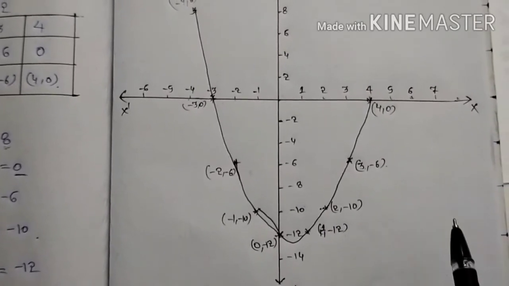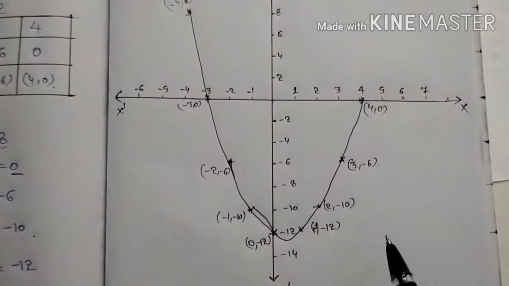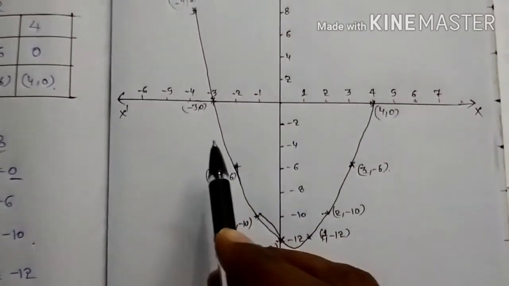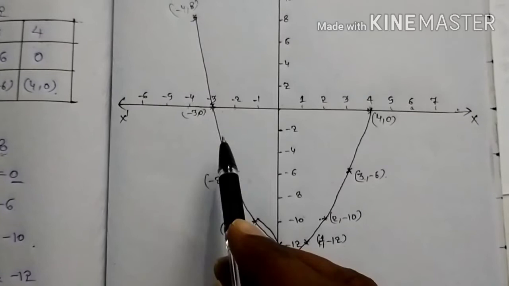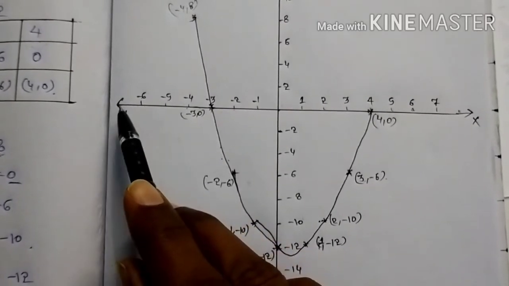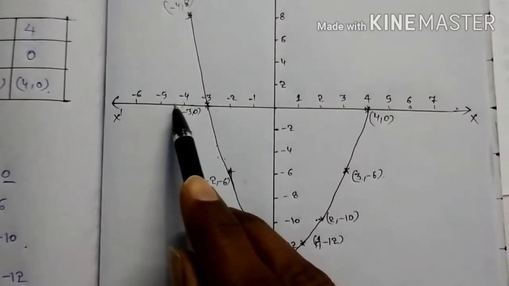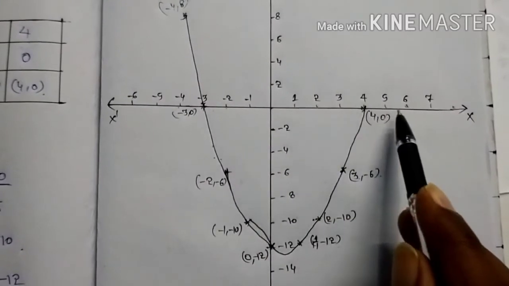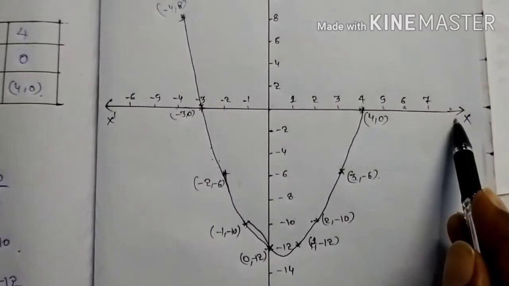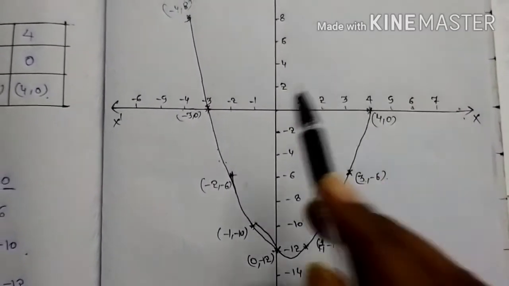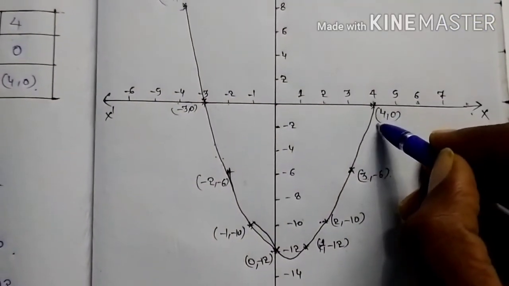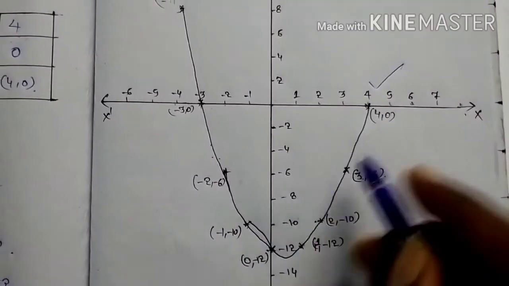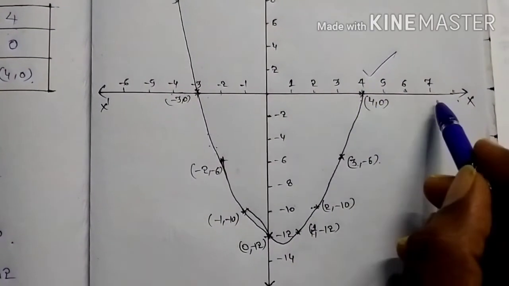That means it is in the form of a parabola. Once you observe here, at which points does this graph touch or cut the x-axis? At which points does the curve touch or intersect? At 4 comma 0, is it intersecting the x-axis or not?